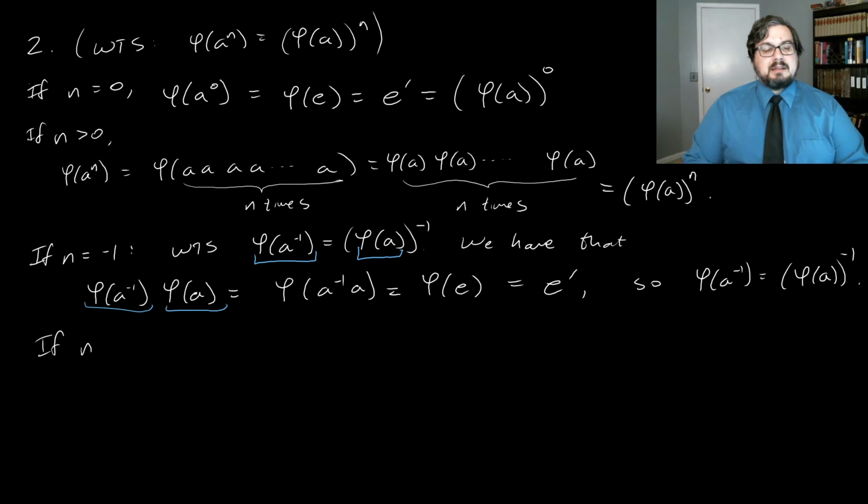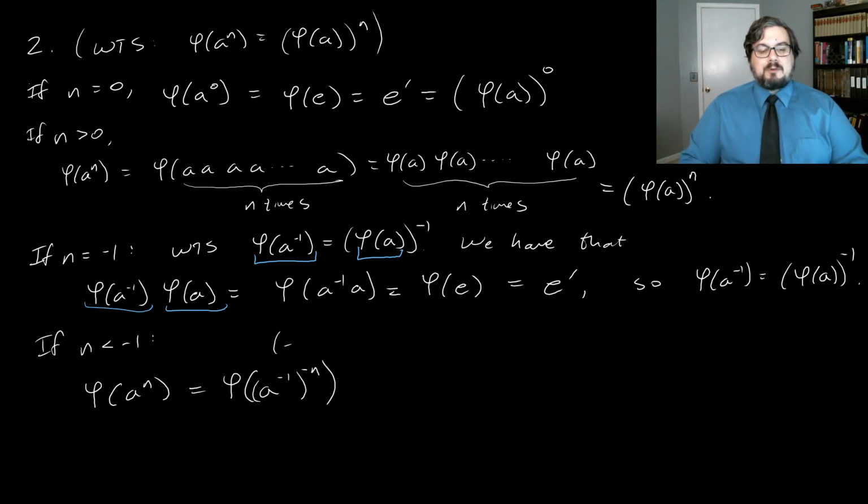And so finally, if n is less than -1, then we can say that phi of A to the n is equal to phi of A to the -1 raised to the -n. Now, of course, -n is positive. In fact, it's greater than 1.